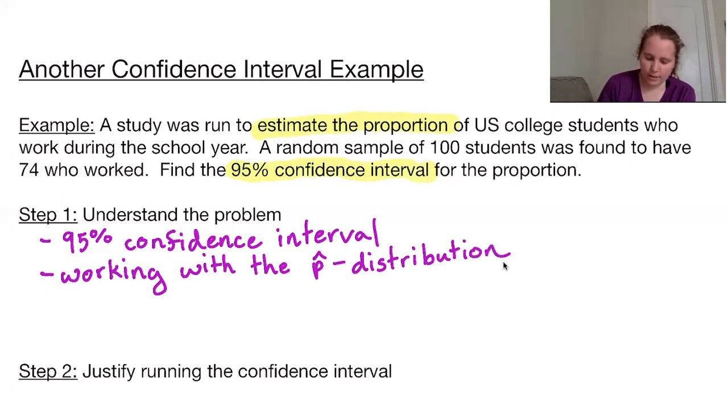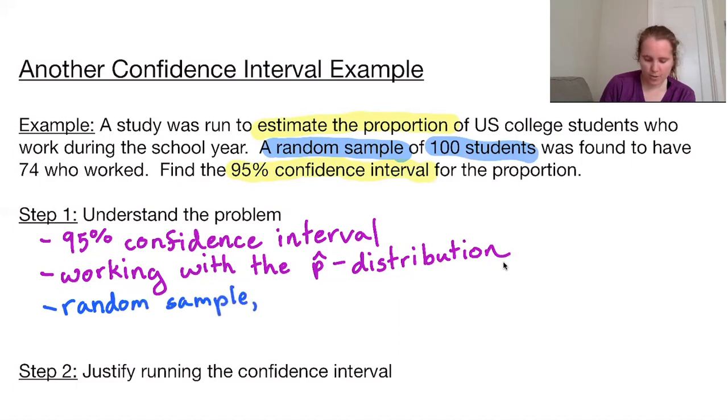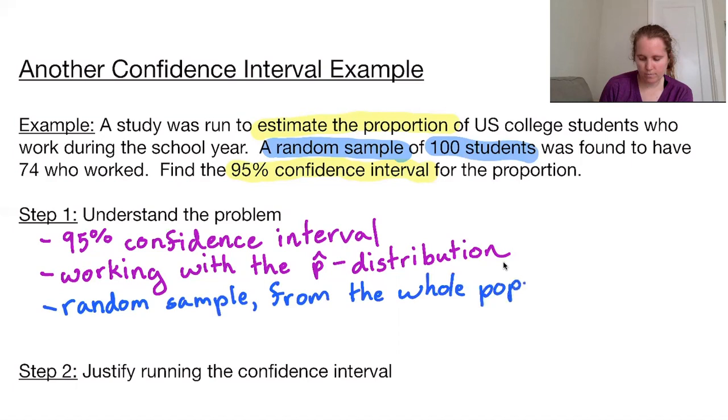We have a random sample, which is good. We need a random sample, and it has 100 students, drawn from the whole population. We know that our sample size n is 100, and of those 100, 74 worked.